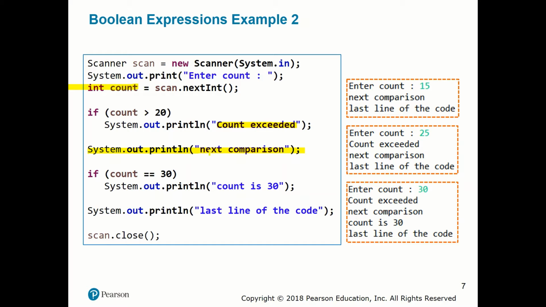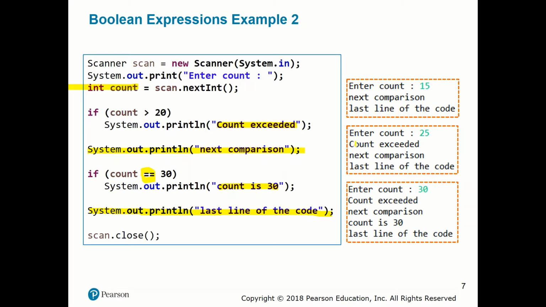After printing this line, count is compared with 30. This is an equality check. If count equals 30, then count is 30 will be printed out. And this line is also not related to the above if statement, so this line will be printed out unconditionally.